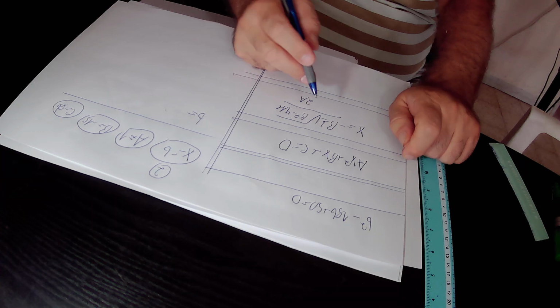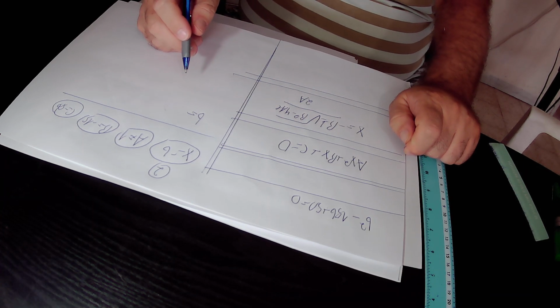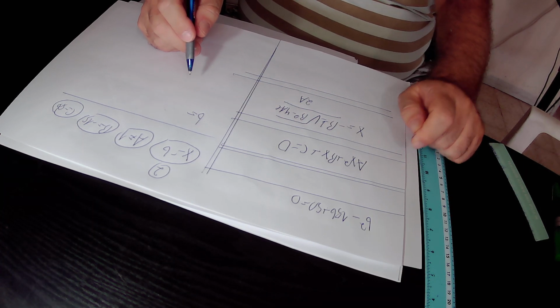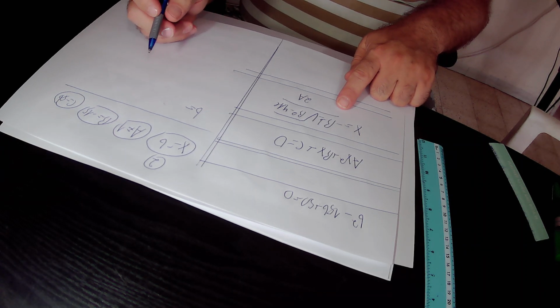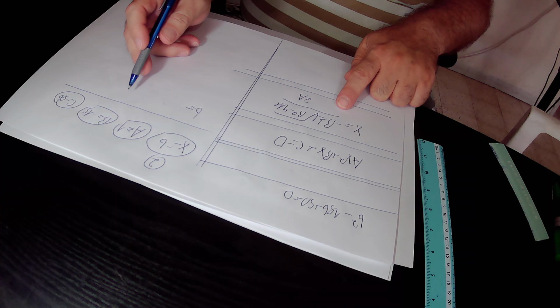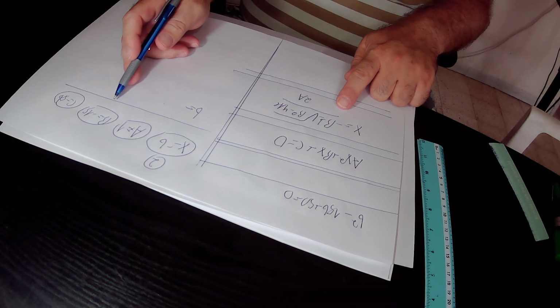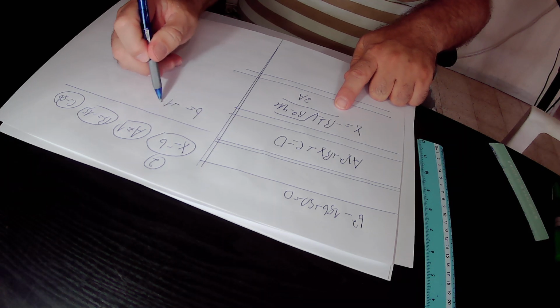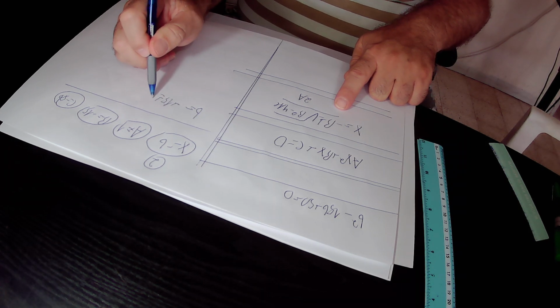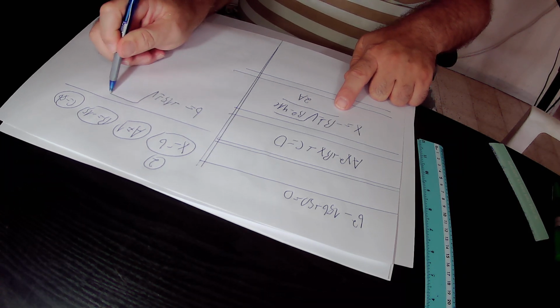Okay, so b equals minus B. The coefficient B equals minus 15, therefore minus B is minus (minus 15), that is plus 15, plus minus the square root of B squared.